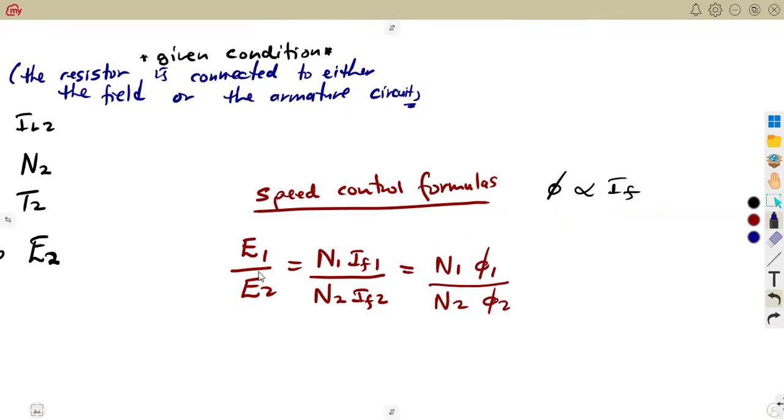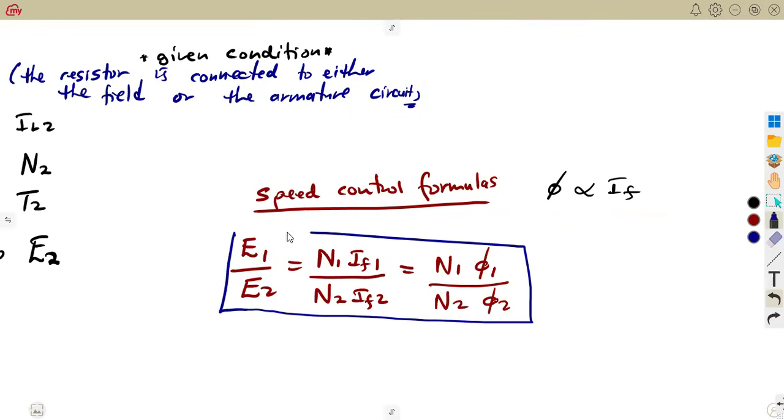So you must consider the question that you are given, guys, because sometimes they will give you the field currents, you work with that. Sometimes they will give you the flux, you work with that, because flux and field current are simply proportional. So where there is field current, you just put a flux there. This is what you had from your speed control formulas.